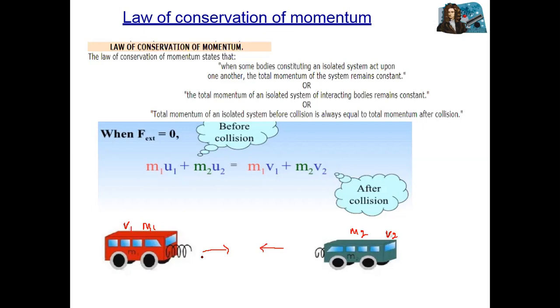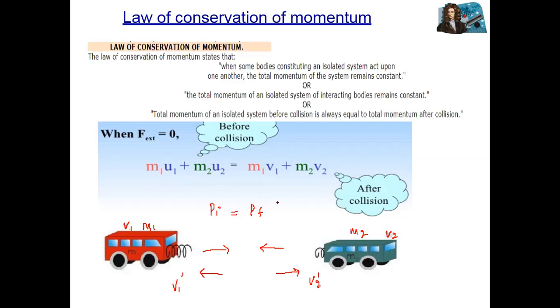Let's suppose mass number one will move with another velocity, v1 prime. Similarly, the second body will move with a different velocity after collision, equal to v2 prime. So according to the law of conservation of momentum, the initial momentum is equal to the final momentum of these two bodies.